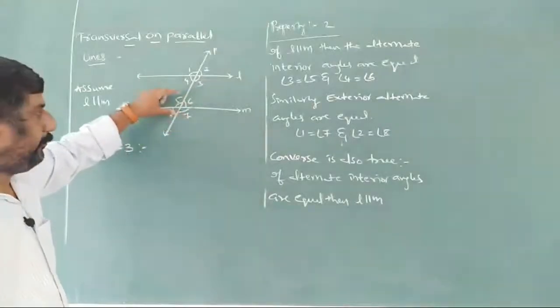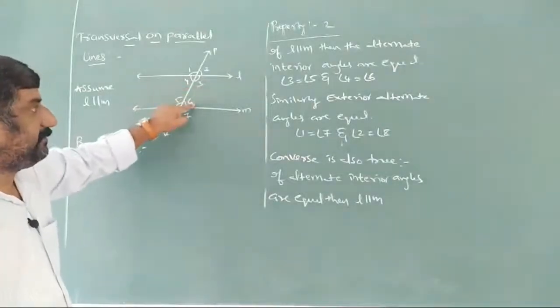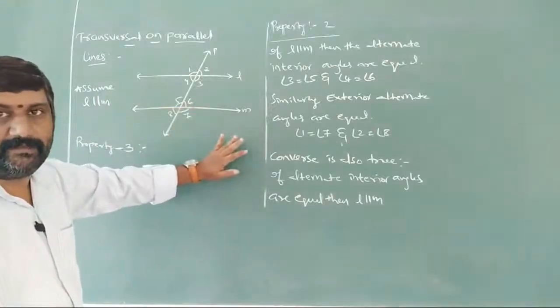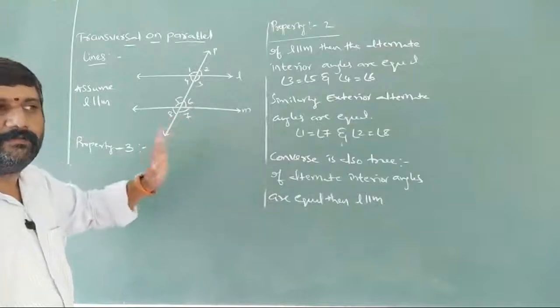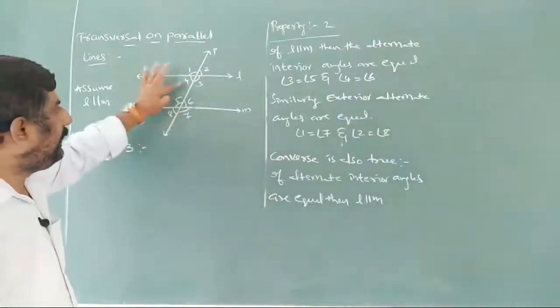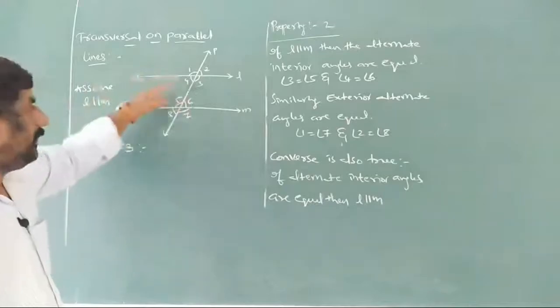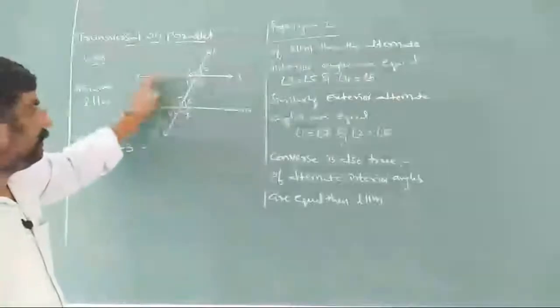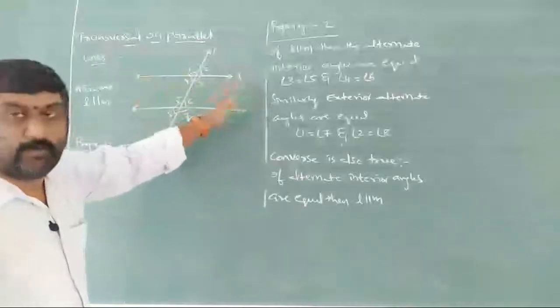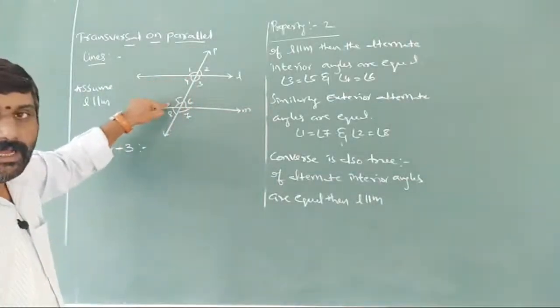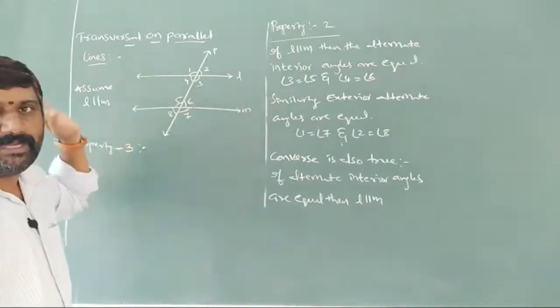Up to now we didn't give any name for this. These are not corresponding angles, these are not alternate angles. Then what are these? Simple. Interior angles on the same side of the transversal. Observe 4 and 5, this side we have. 3 and 6, this side we have. For the transversal. So these are interior angles on the same side of the transversal.